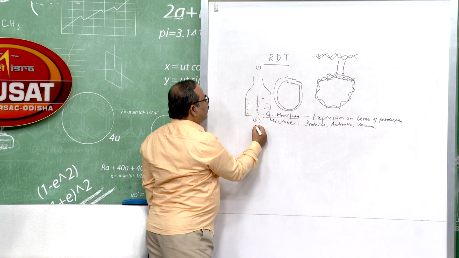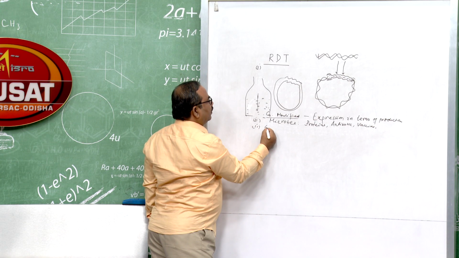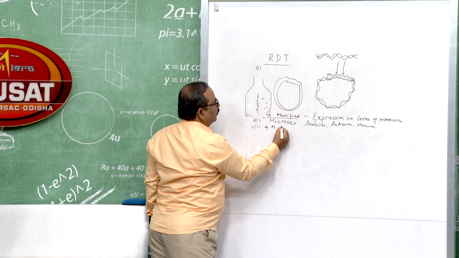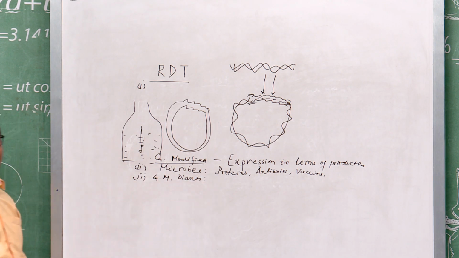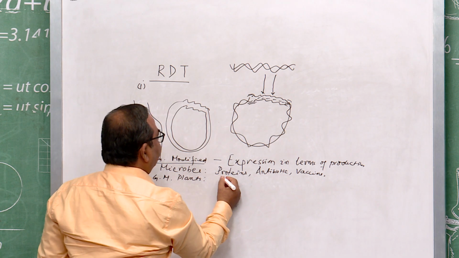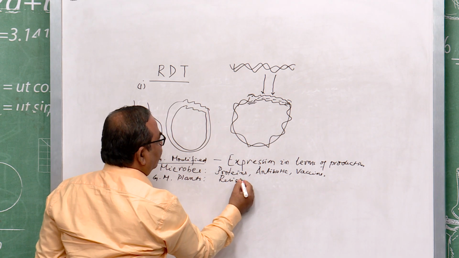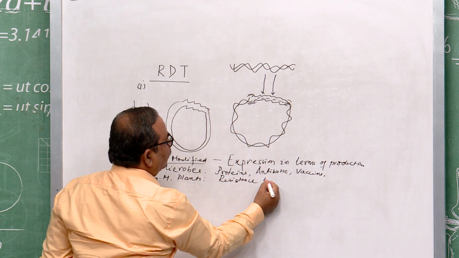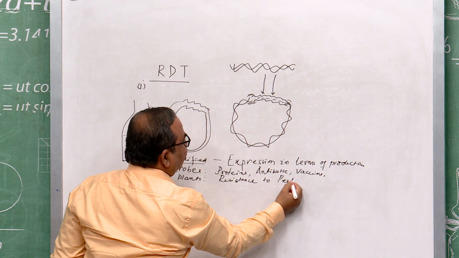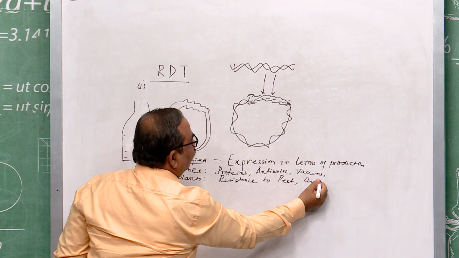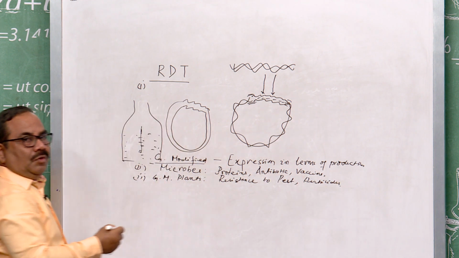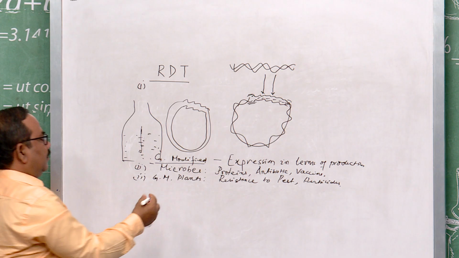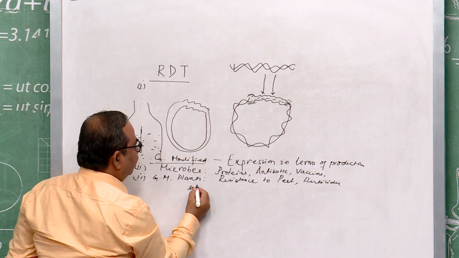Then come the genetically modified plants. Genetically modified plants can be for resistance to pests, resistance to herbicides, resistance to physical conditions like salt tolerance.